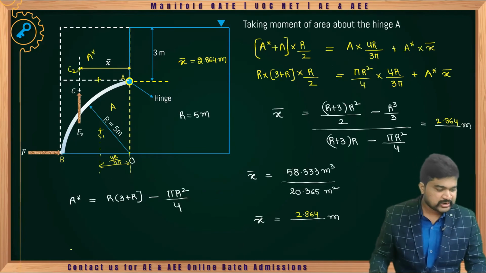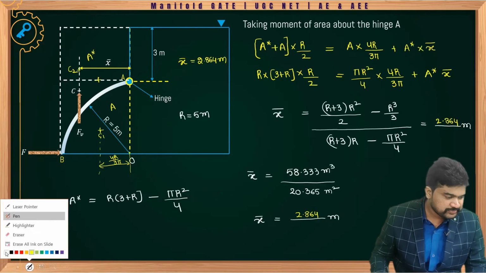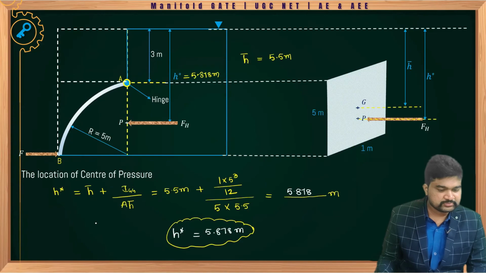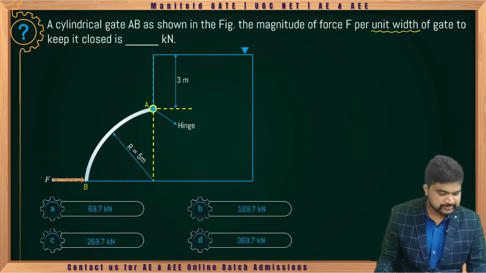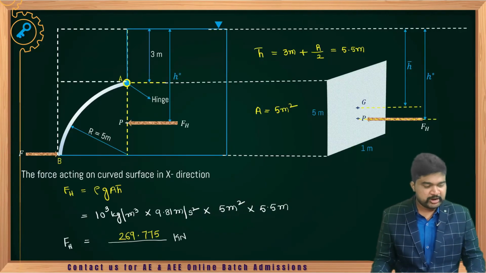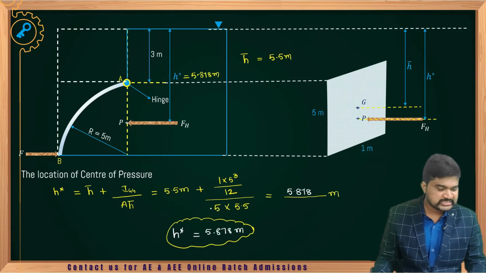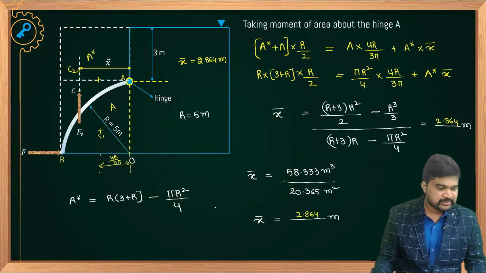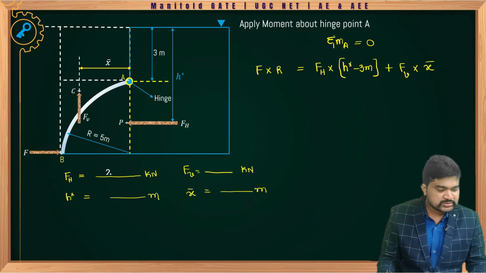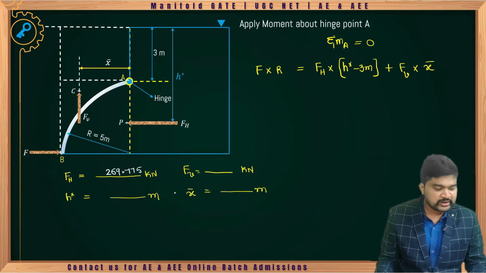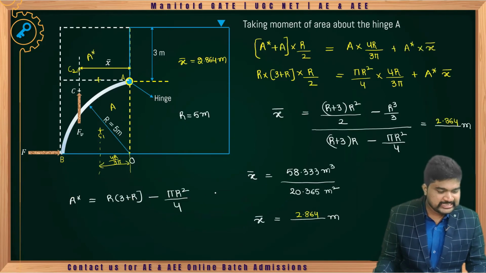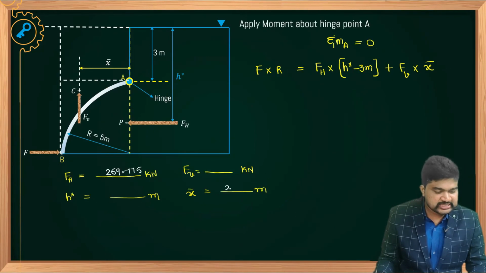Now tell me, what are the things we determined till now? What is FH? 269.775 kilonewton. What about x bar? 2.864.